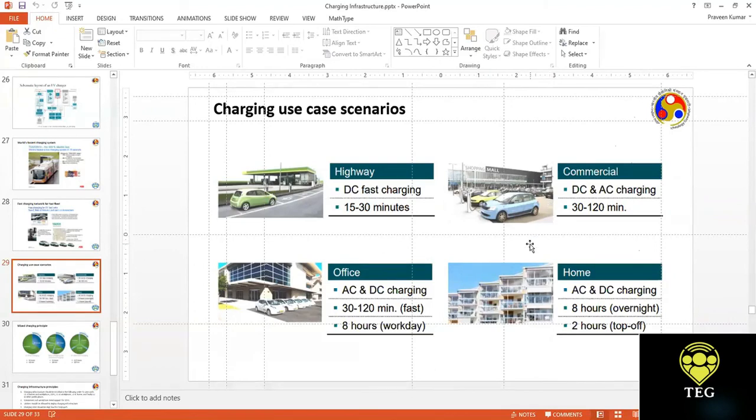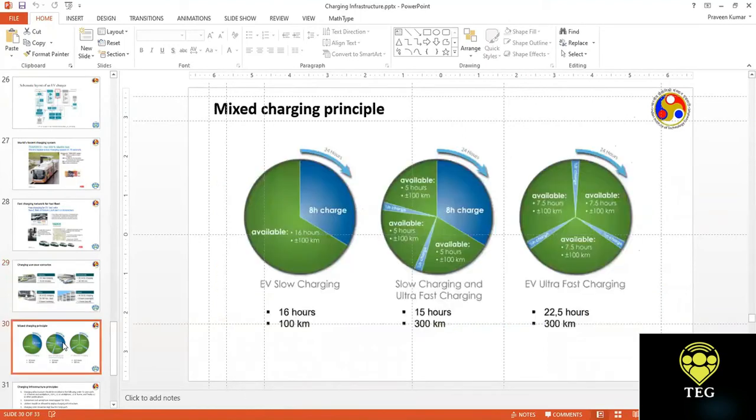So if we make sure that most of the shopping complexes and office spaces have DC fast chargers, and homes or housing societies have slow chargers, then we would ensure that every EV owner can have the availability of the vehicle for at least 15 hours and can have a range of around 300 kilometers, which is good enough, and it would be sufficient to remove all kinds of range anxiety that people might encounter.